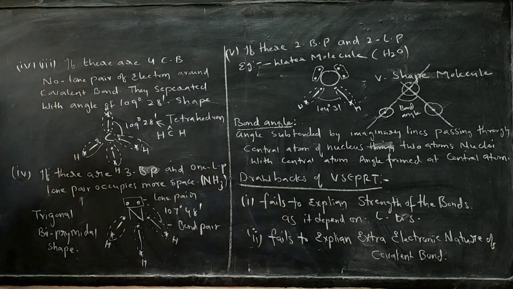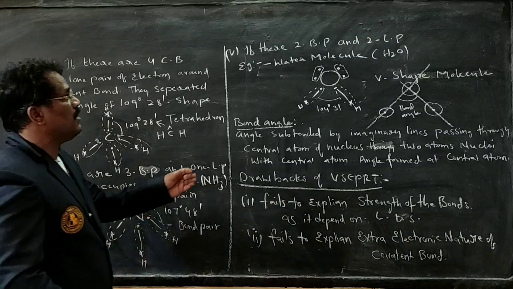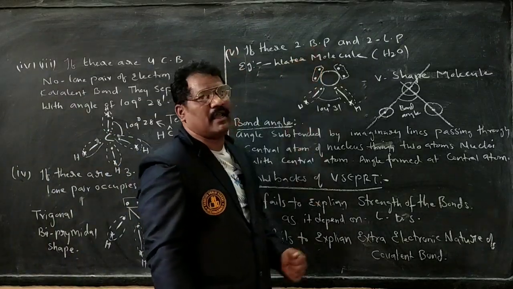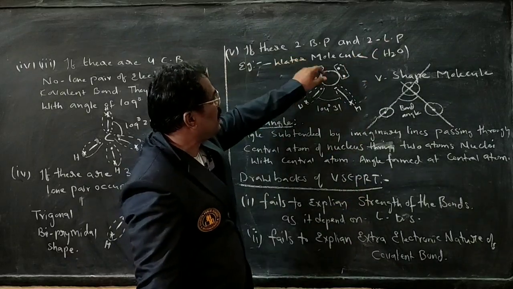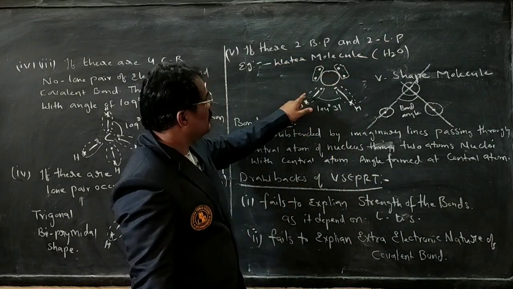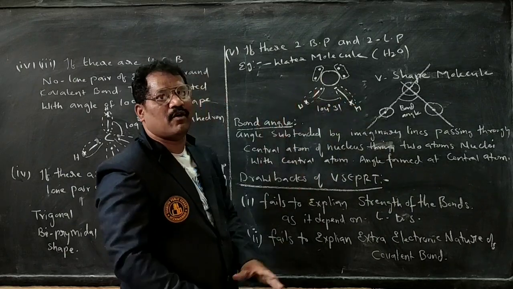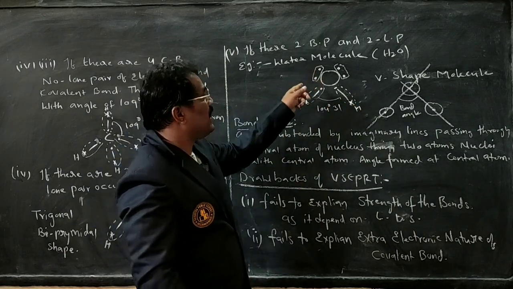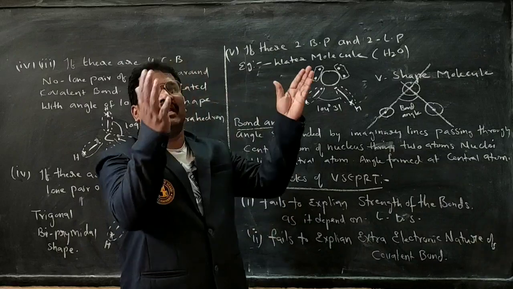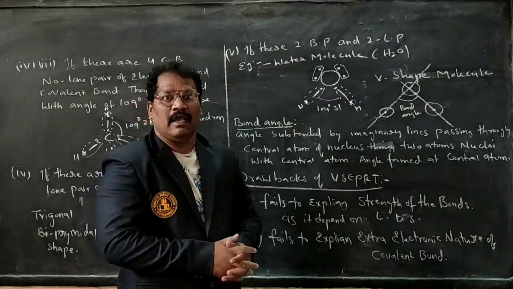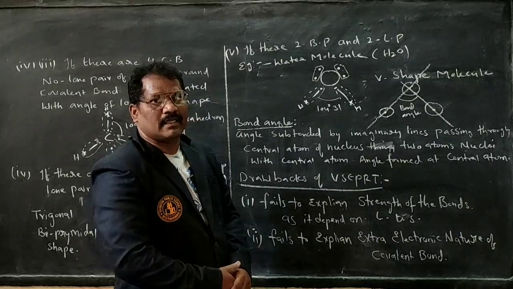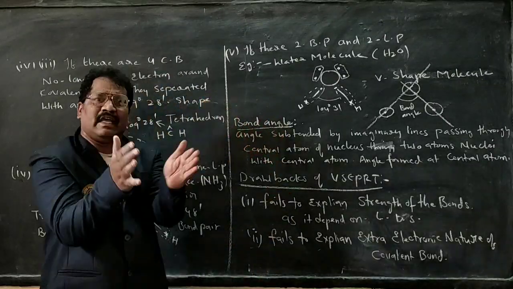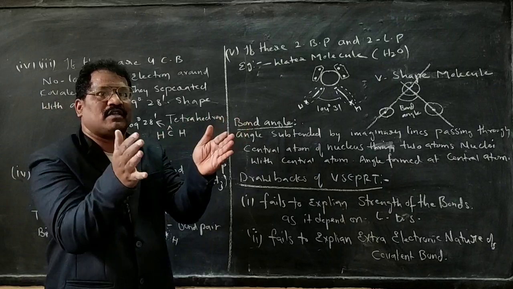Coming to the next one, the fifth point. What does this point give? If there are 2 bonded pairs and 2 lone pairs. See here, this is 1 lone pair, this is 1 lone pair, this is 1 bonded pair, this is 1 bonded pair. Then the lone pairs have increased, so more repulsive force will act around the nucleus of the central atom. Due to that reason, the bond angle decreases.